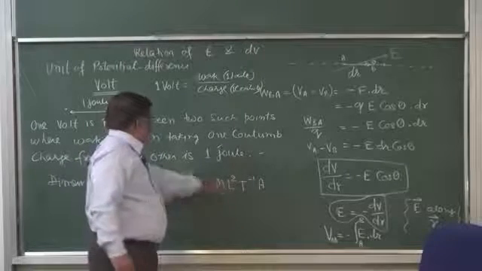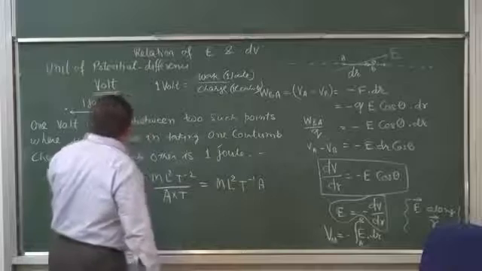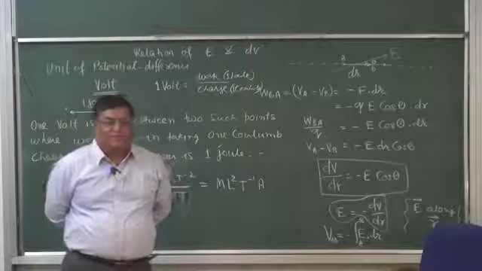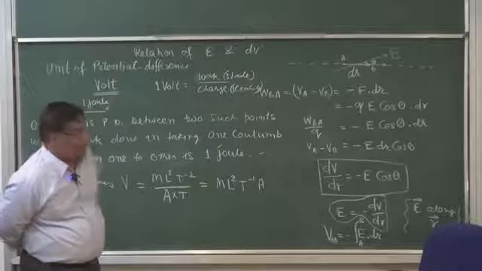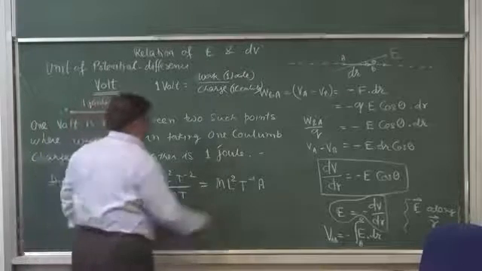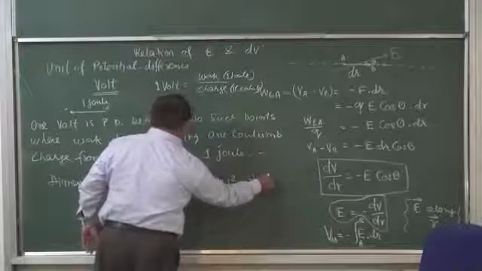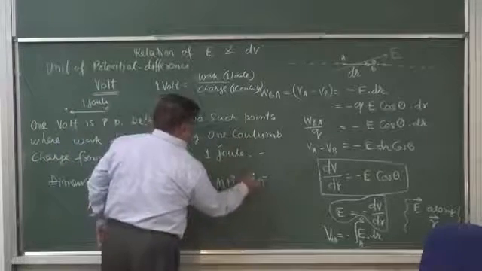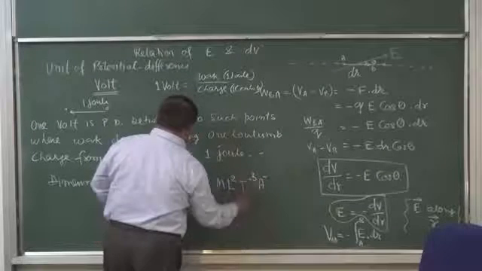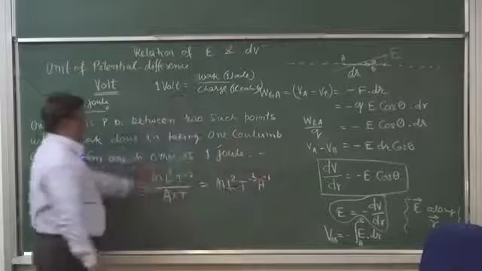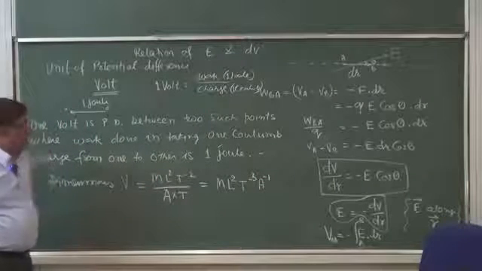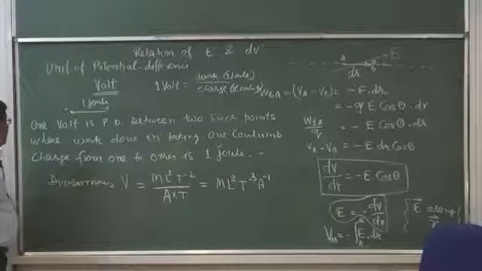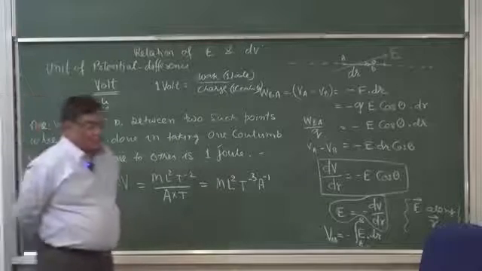Dividing by A T, this is M L squared T minus 3 A minus 1. These are the dimensions of potential difference, or the dimensions of volt.